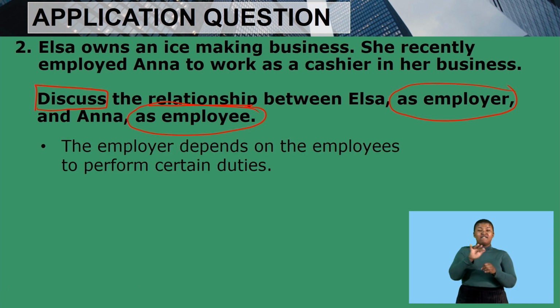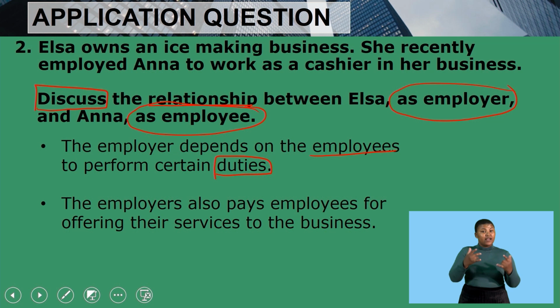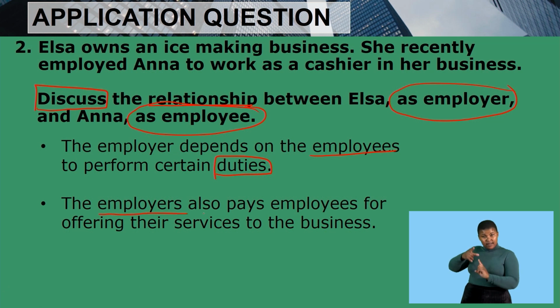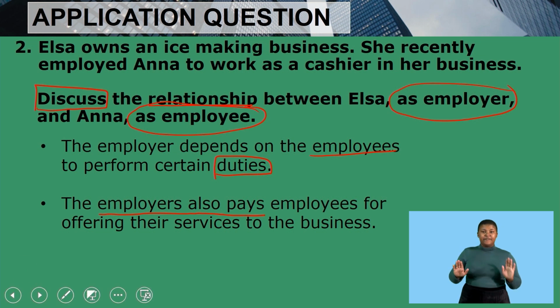So now we know the employer needs the employee to perform certain duties. So they are dependent on the employees to do their job or perform duties in order for them to deliver a product or service. And in return, the employers will then pay the employees for offering their services to the business. So this is the relationship between the employer and the employees when it comes to money.